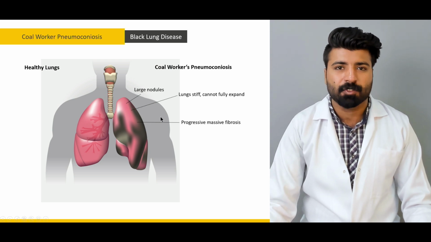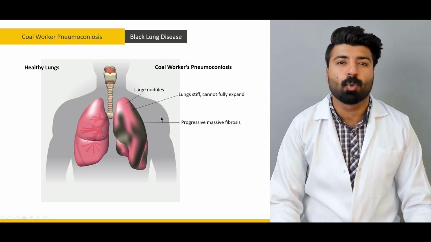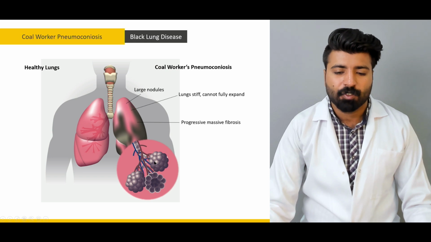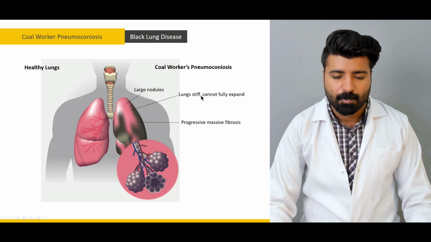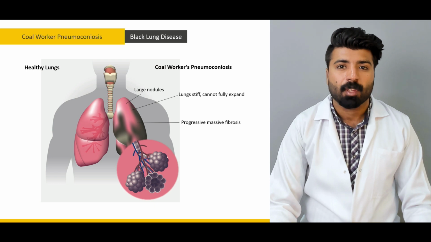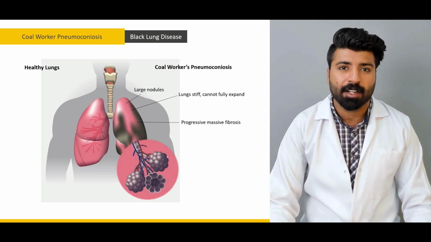Progressive massive fibrosis will happen if the patient is exposed to that kind of environment for a very long time. It will block all the alveoli, it will blacken them, it will just destroy a bunch of the alveoli. So this will lead to lung stiffness, and there will be no gaseous exchange in that area.